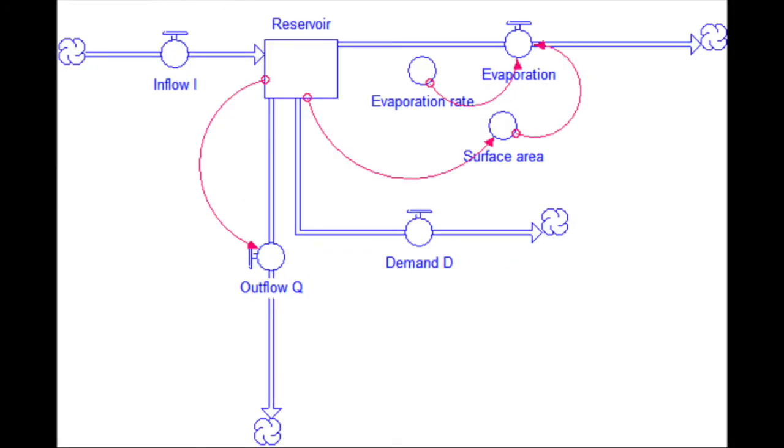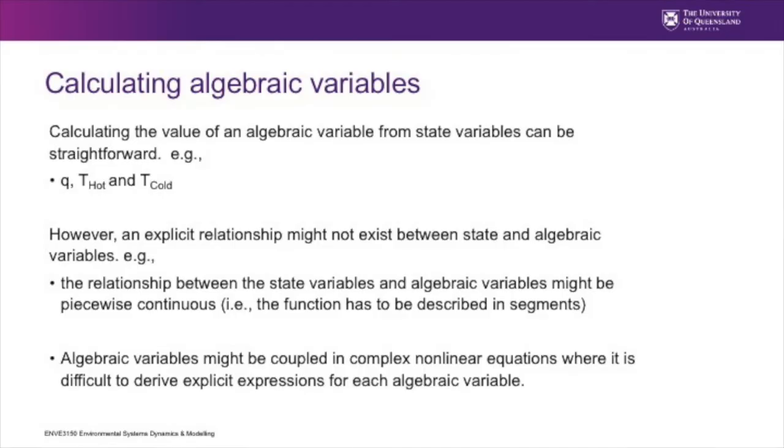Another interesting example is the estimation of the surface area. The variation of the surface area is dependent on the volume of water in the system. So calculating these algebraic variables can be seen as something that is very straightforward.